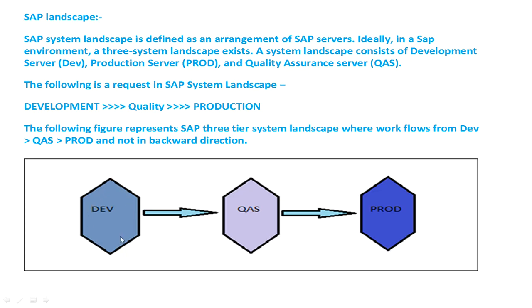Once the customization is carried out, it is transferred to another server for testing. After that customization, whether the requisite information, the requisite report, is generated or not is tested in another server. If it is okay, then it is transferred to the third server, which is called the production server. If it is not okay, then again it is customized in the development server, transferred to the quality server, and if it is okay, then it is transferred to the production server.